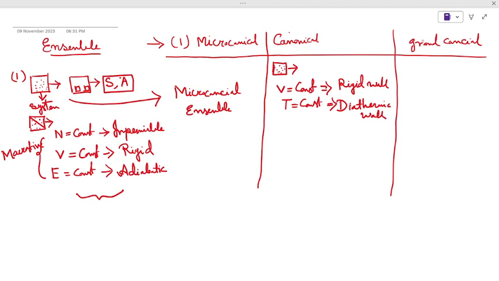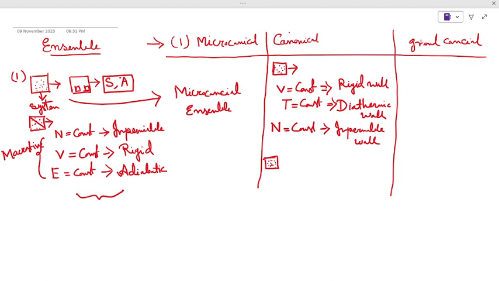And let's suppose we again keep the N value constant. The total number of particles is constant here, which means an impermeable wall. So we consider a system where these properties are fulfilled. In which system will these three properties be fulfilled? In a closed system.